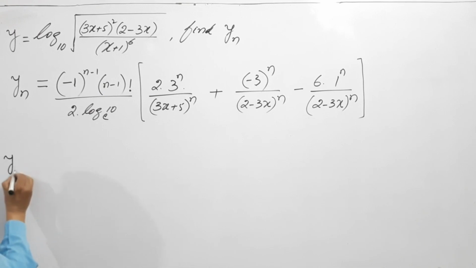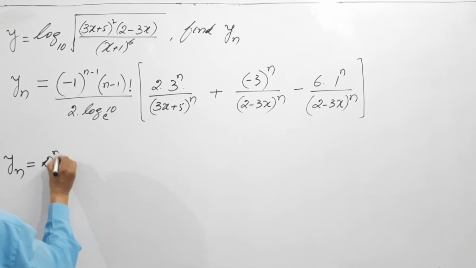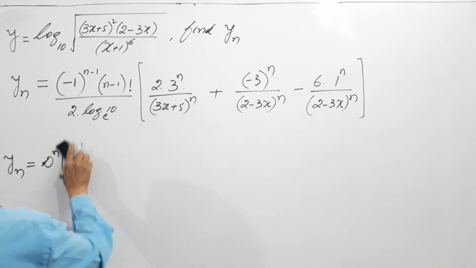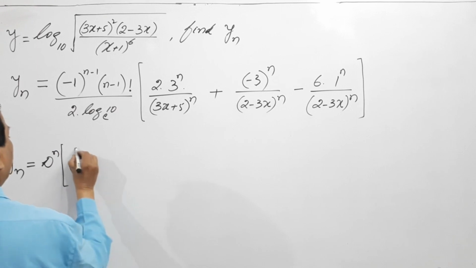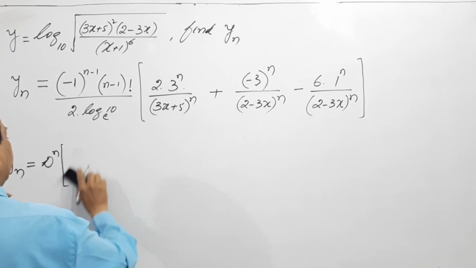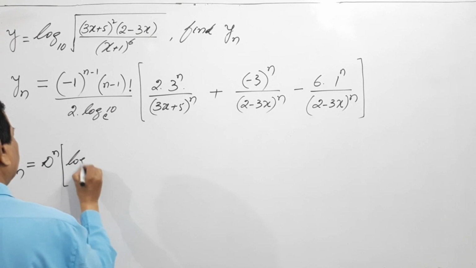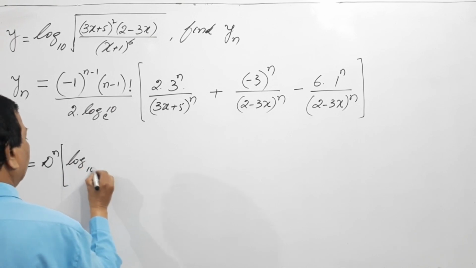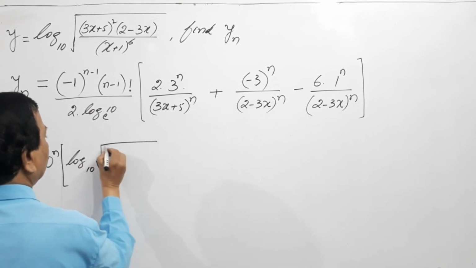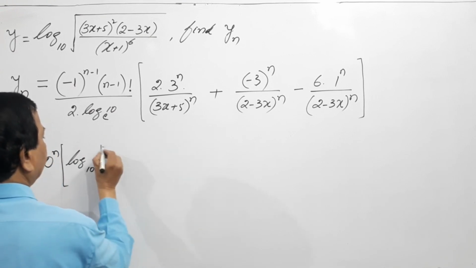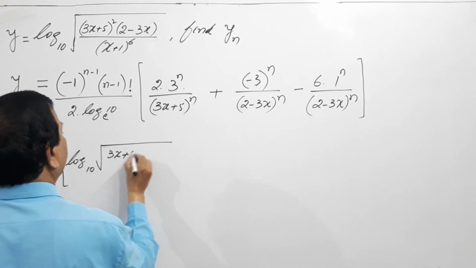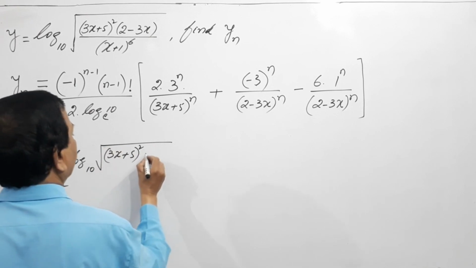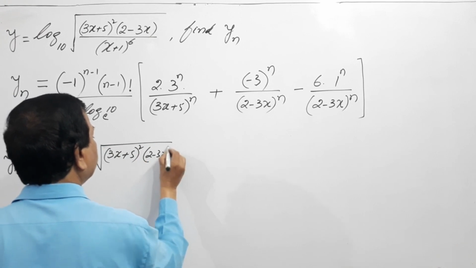Therefore, yn equals d to the power of n of what? D to the power of n of log base 10 of 3x plus 5 whole square into 2 minus 3x.